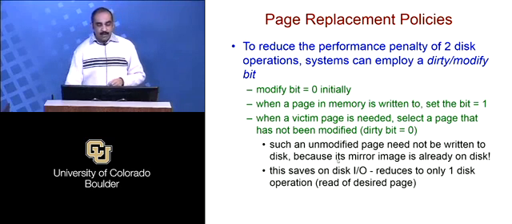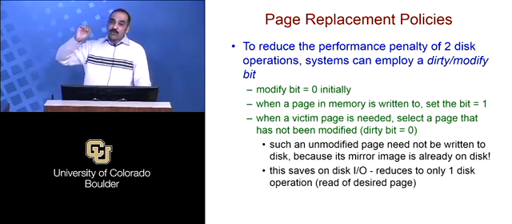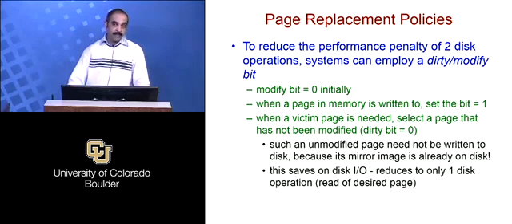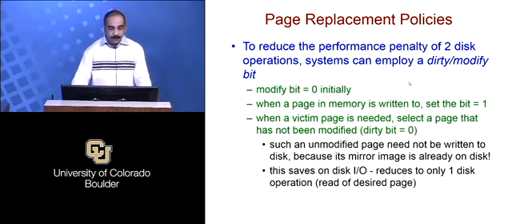This is where what is called a dirty bit, provided by the architecture, comes in, which tells you whether the page stored in a page frame is dirty or not. Dirty means that after the page was loaded, some changes have occurred to it. If it is 0, that means no changes have occurred. So the dirty bit or the modify bit is 0 initially. When a page in memory is written to, the bit is set to 1.